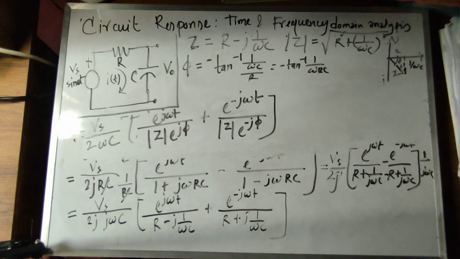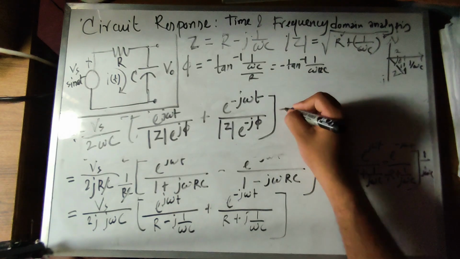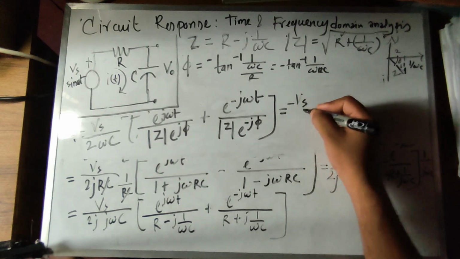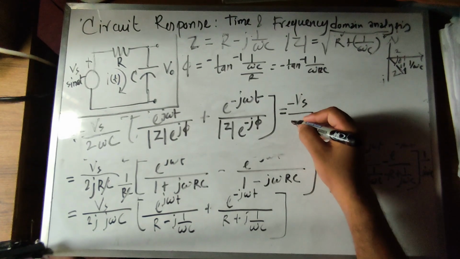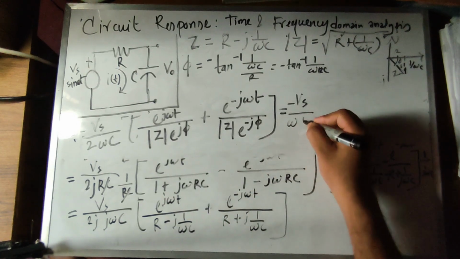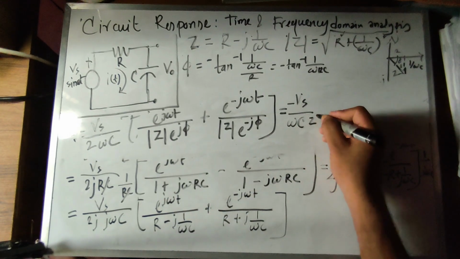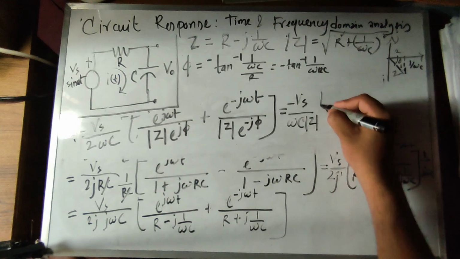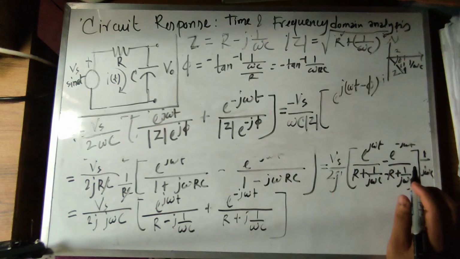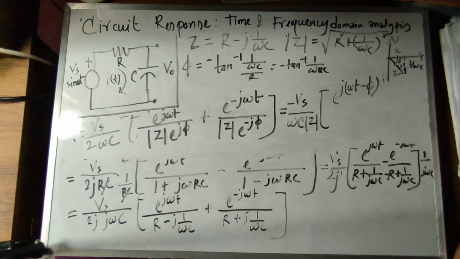This is this, which will give us the value Vs minus, so if we common out the term omega C magnitude of Z, and if we take the 2 inside, I have made some mistake.